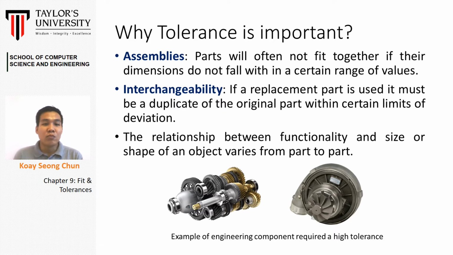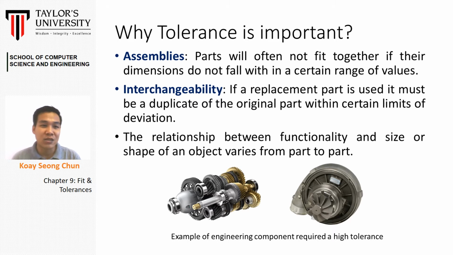Another thing we need to make sure of is interchangeability. What does this mean? When you purchase any product, for example a car, you have many components. When some of the parts are spoiled, you need to replace them with a new part. We need to make sure all the parts we produce are within a certain tolerance range.